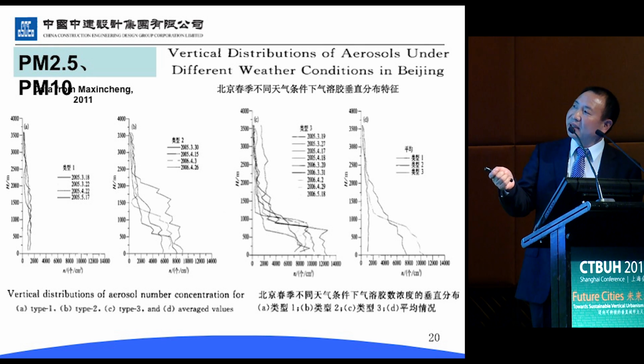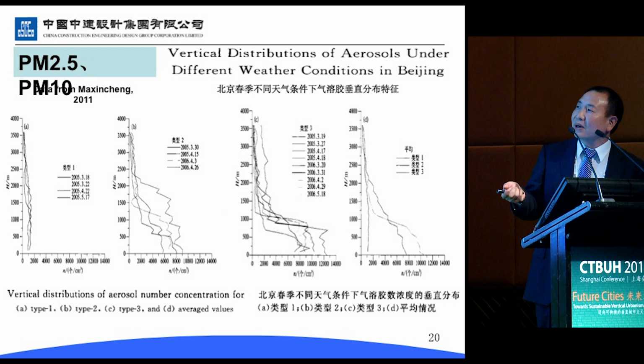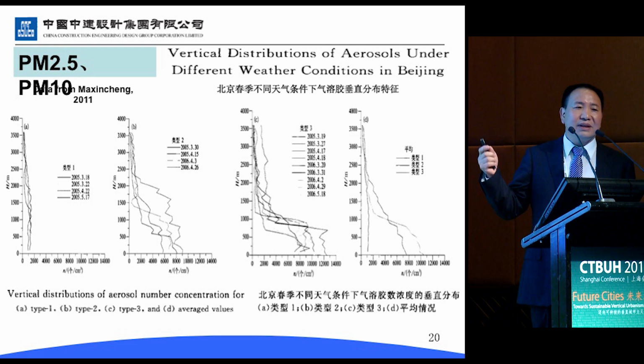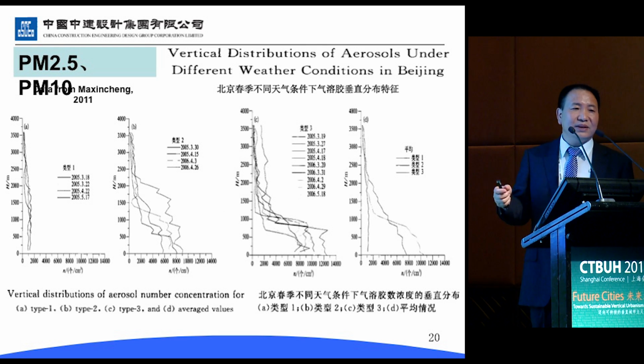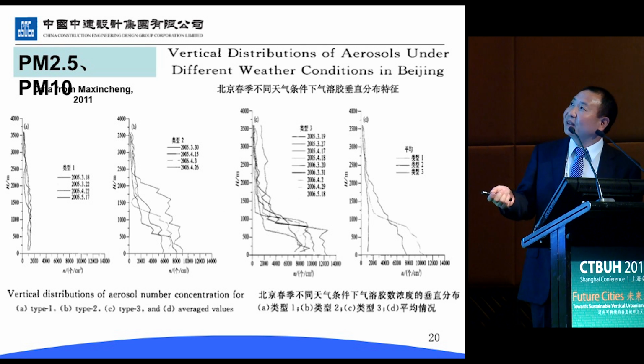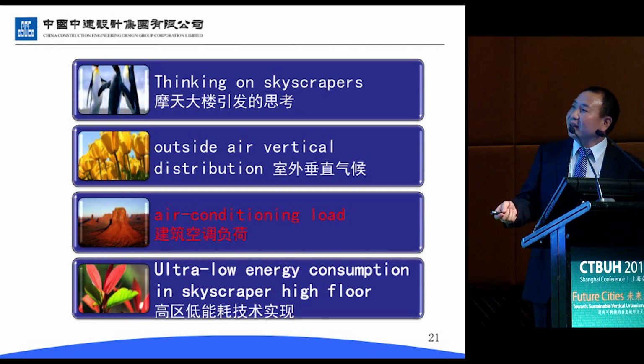And at 1,000 meters or 1,200 meters, the PM 2.5 concentration drops significantly. It probably dropped by 90%. So in low wind speed, the PM 2.5 at the higher level is relatively low.